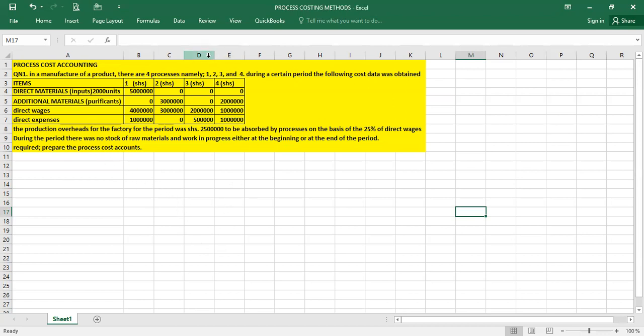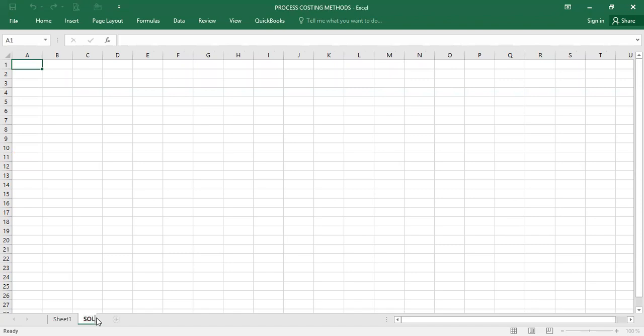You are expected to prepare the process accounts for process 1, process 2, process 3, until we reach process 4, where we get our output. Let's use a different sheet for the solution.